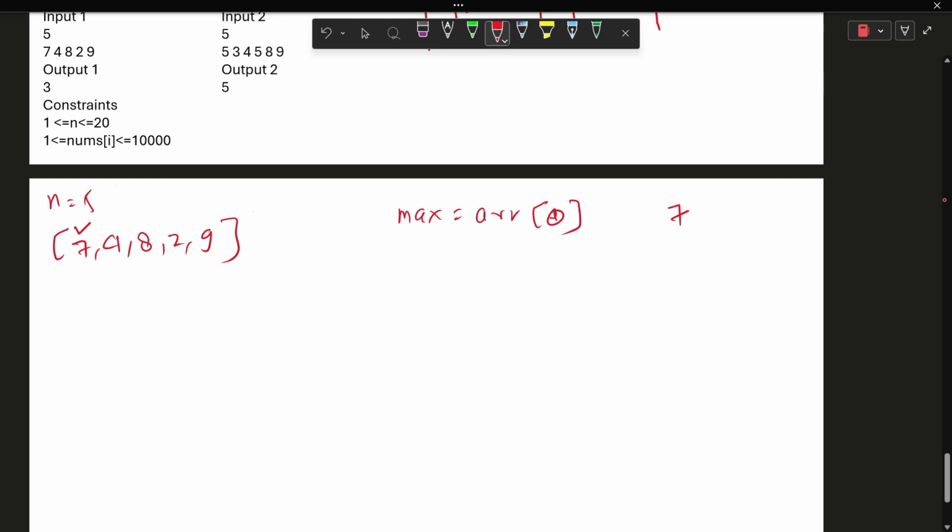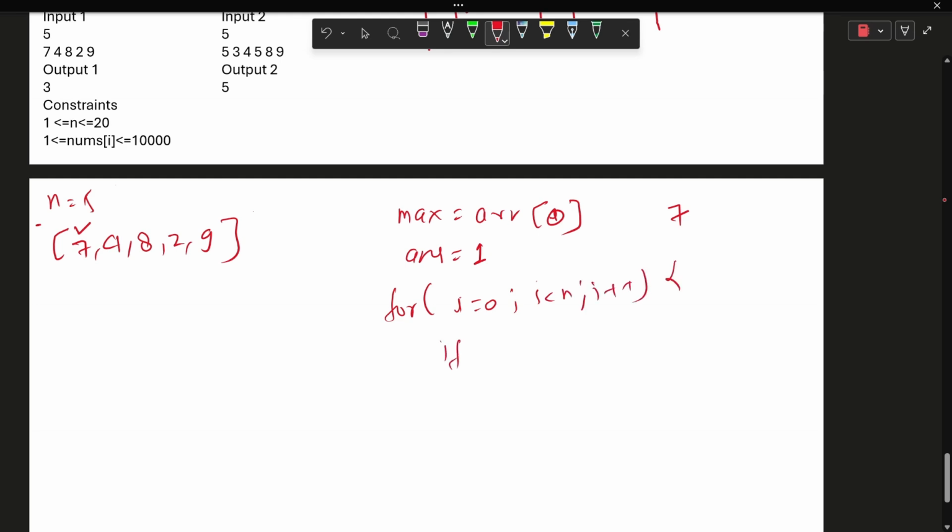And we take answer equal to 1, because our answer always starts with 1, since we can always see the first element, the first pole. Now we do a for loop: i is equal to 0, i less than n, i plus plus.